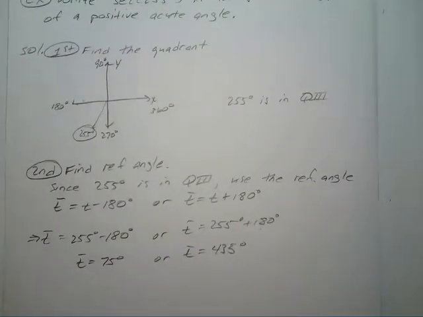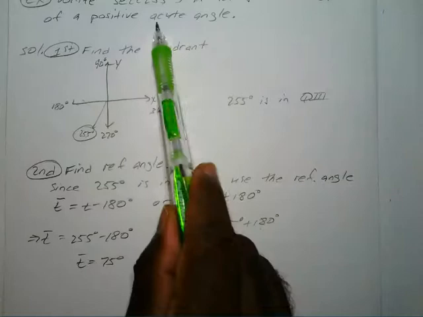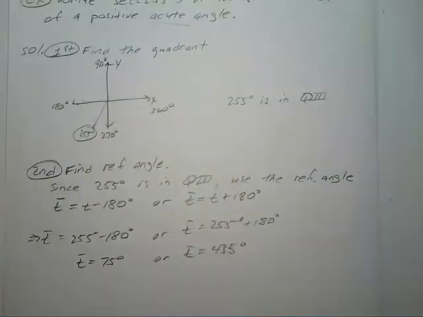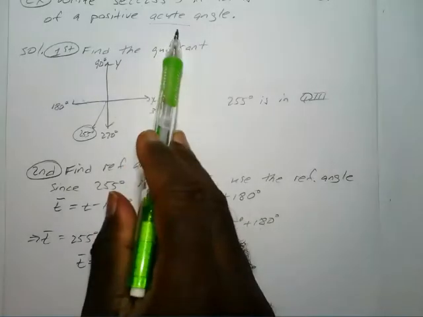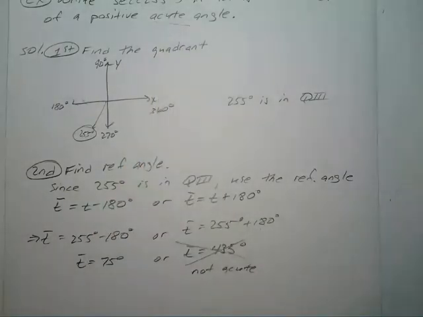Both of those are correct, but for this particular problem, they want the acute angle. Remember, acute is less than 90 degrees. So we can't use 435 because it's not acute. It will give you the right answer, but not for this particular problem. So this is the one we're going to use.